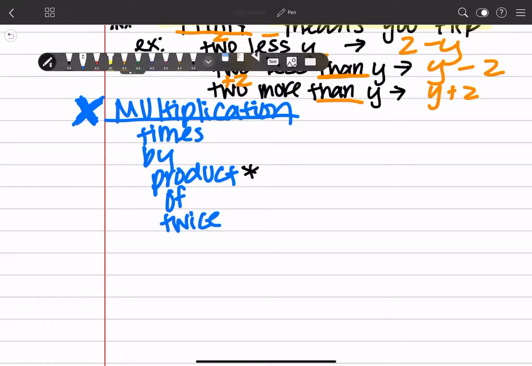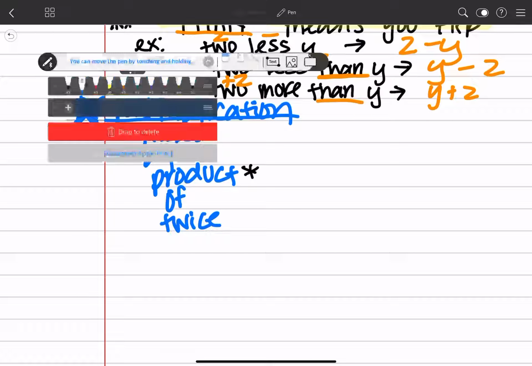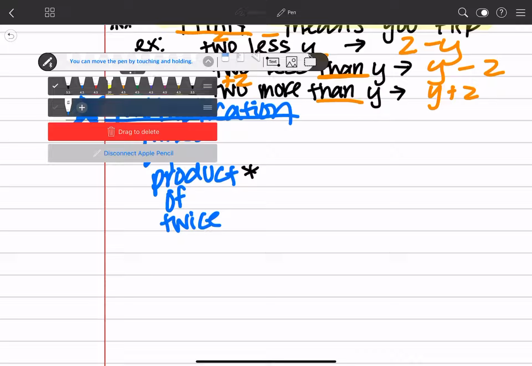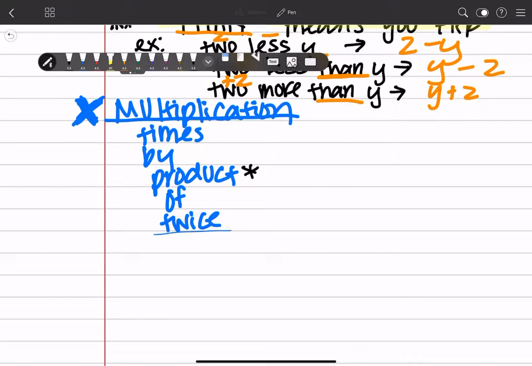So, for example, twice is a very specific multiplication one. What that means is that you're multiplying times 2. That's it. So it's telling you exactly how many times you're going to do something.